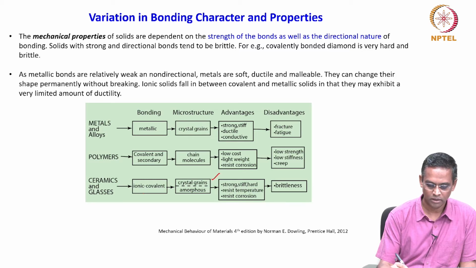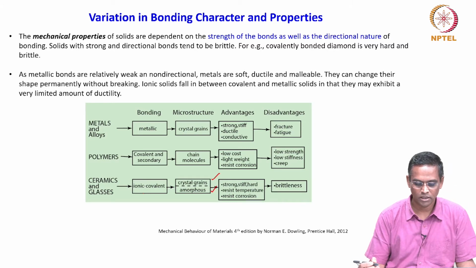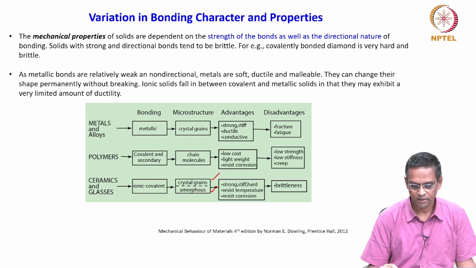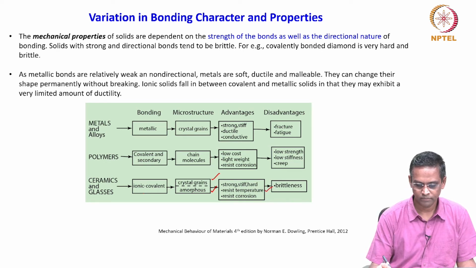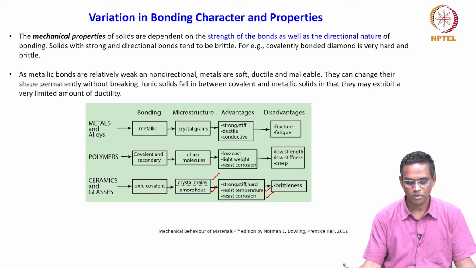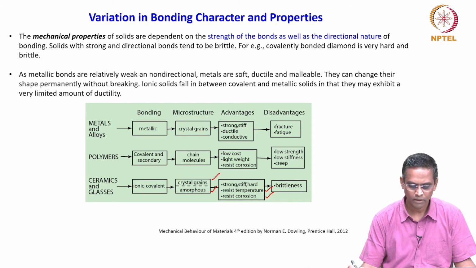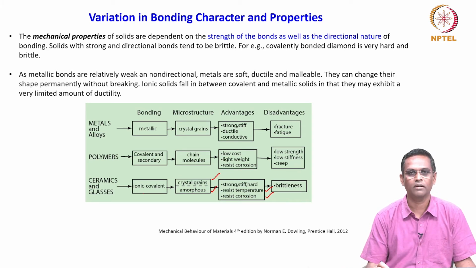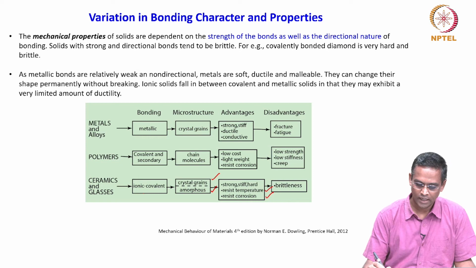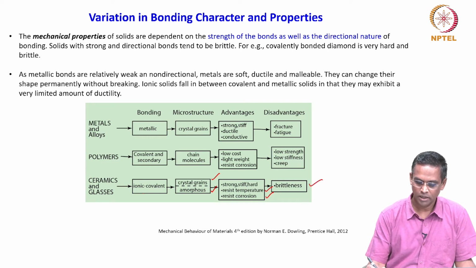That could be completely amorphous or semicrystalline and so on. Advantages: they are strong, stiff, hard, resistant to temperature, a very important property, and resistance to corrosion, again a very important property, very attractive from the engineering point of view. Disadvantages: they are highly brittle. Okay.